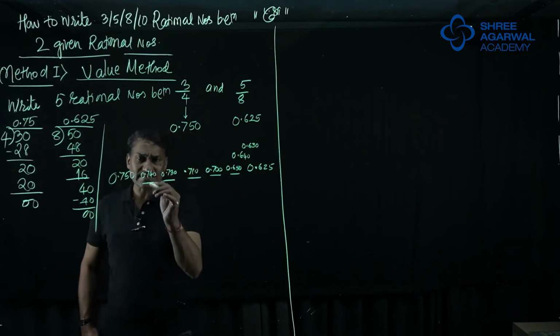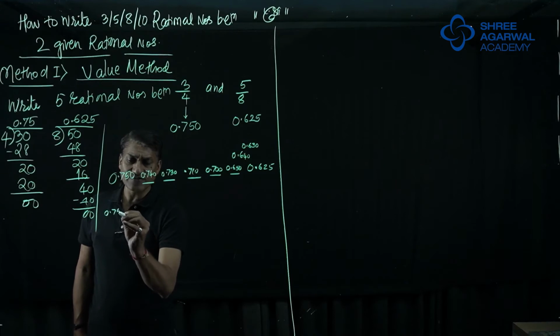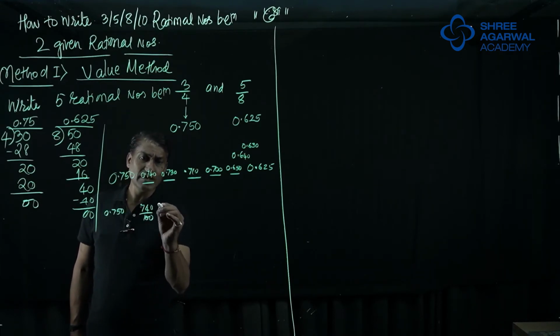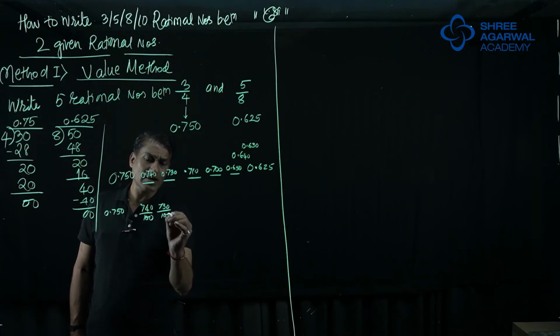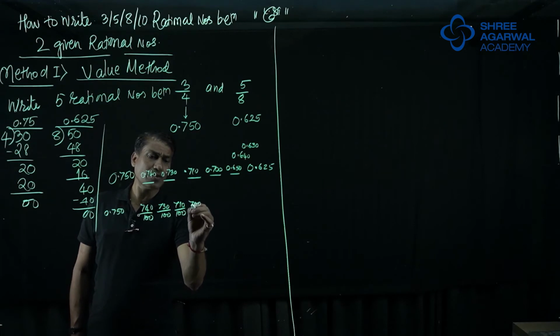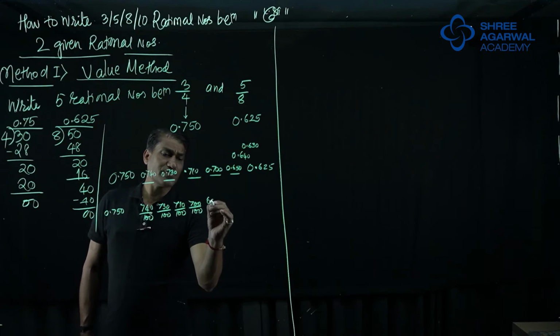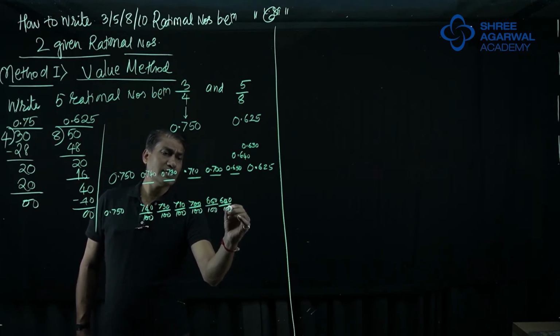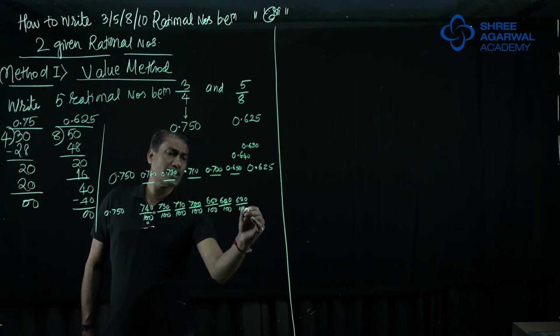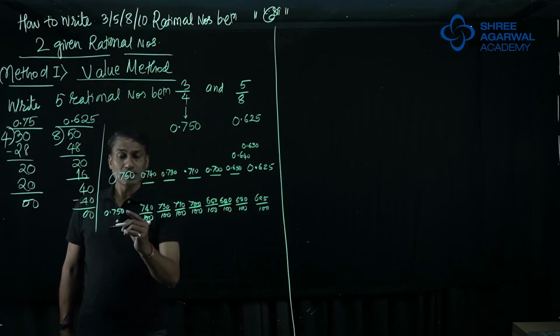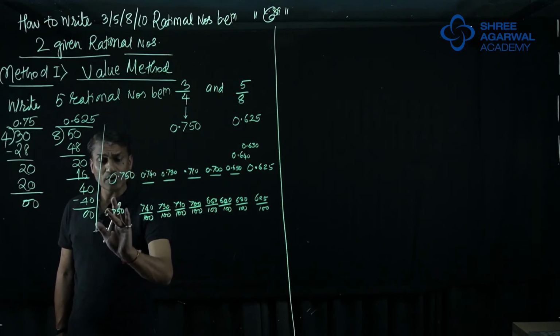So I will write this as 0.750: 740 upon 100, 730 upon 100, 710 upon 100, 700 upon 100, 650 upon 100, 640 upon 100, 630 upon 100, and this is 625 upon 100. This is 750 upon 100.